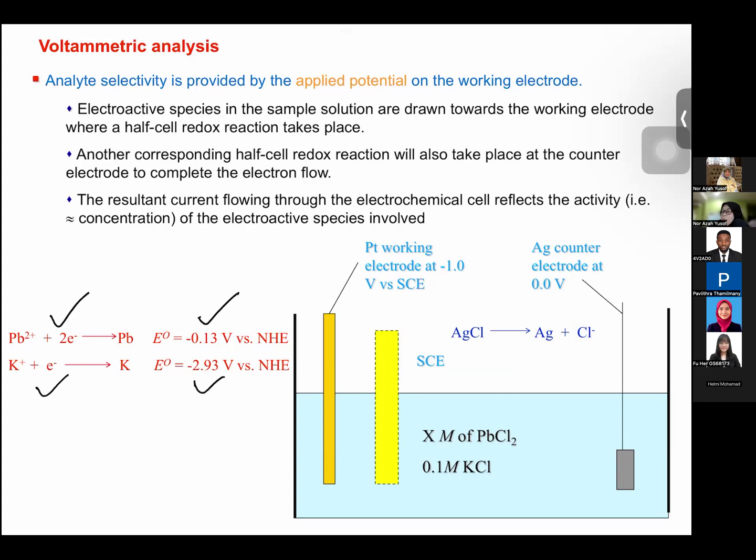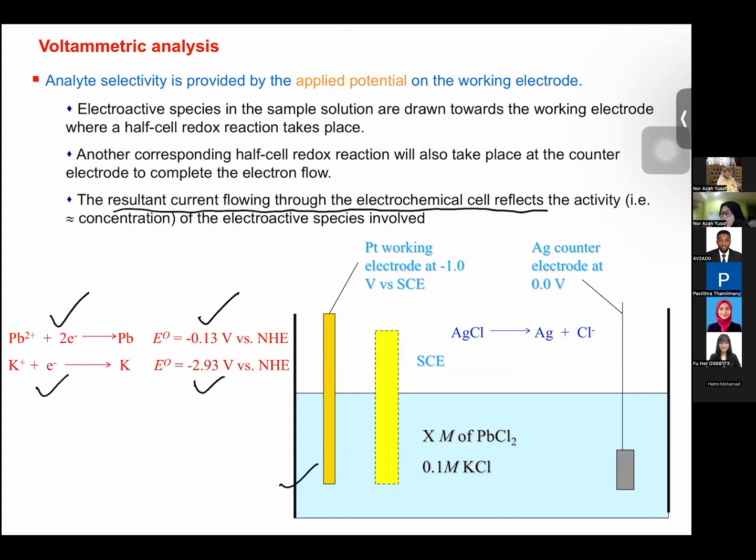So electroactive species in the sample solution are drawn towards the working electrode. So here is the working electrode. Another corresponding half cell reaction will also take place at the counter electrode to complete the electron flow. The resultant current flowing through the electrochemical cell reflects the activity.